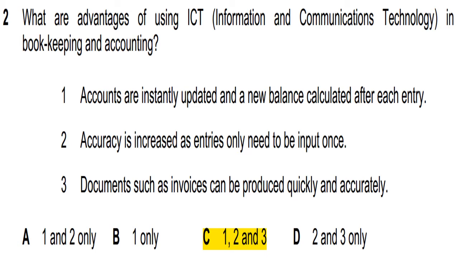Number 3 is, documents such as invoices can be produced quickly and accurately. These all 3 options are correct, so we will take the C option, that is the correct option. In this option 1, 2 and 3 are correct.